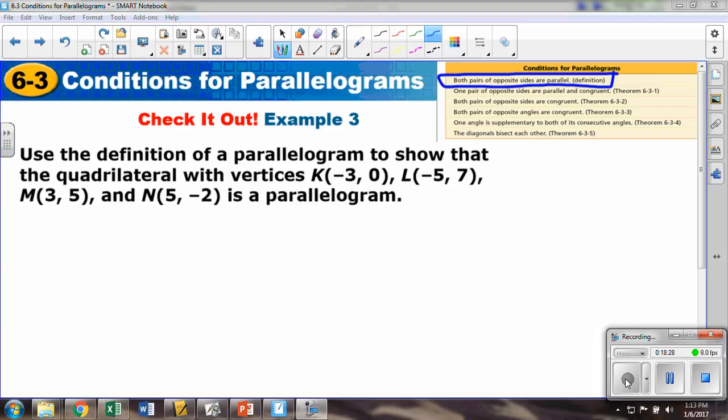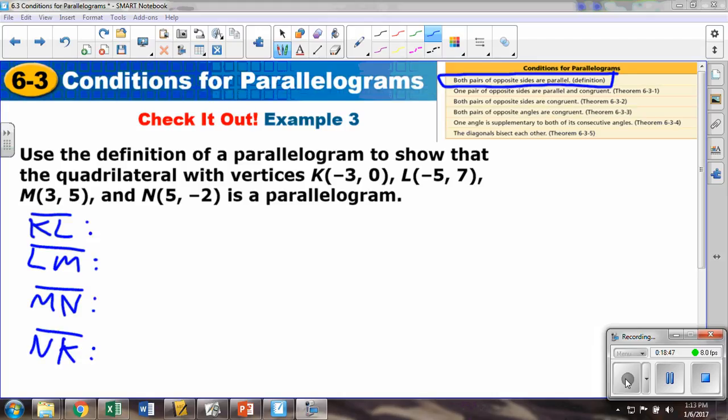All right, so what we're focusing on then is we've got this side KL connecting to LM, connecting to MN, connecting back, and cycling to K. 4 sides, and we can calculate the slope for each different side.